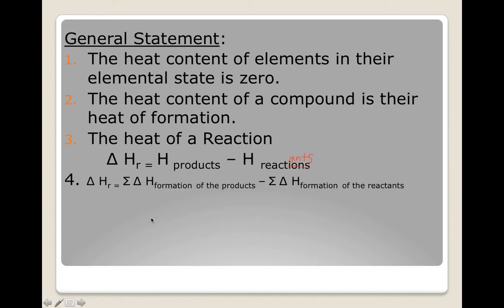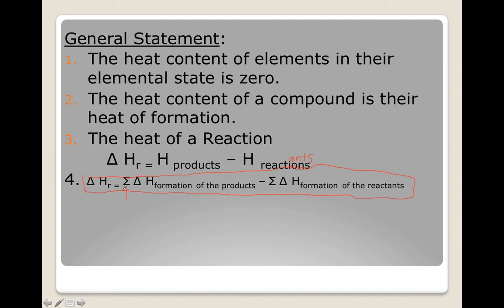Last but not least, the big one is that the heat of a reaction is equal to the sum of the heat of formation of the products minus the sum of the heat of formation of the reactants.